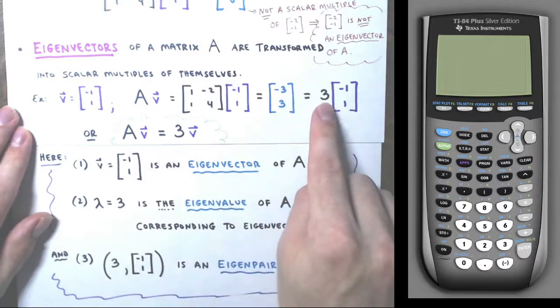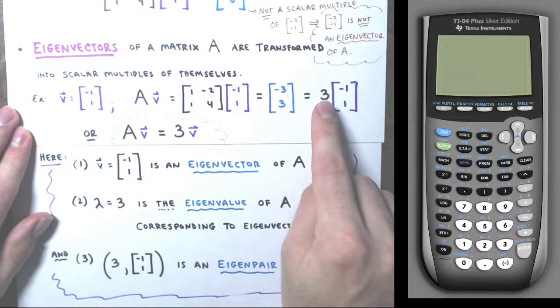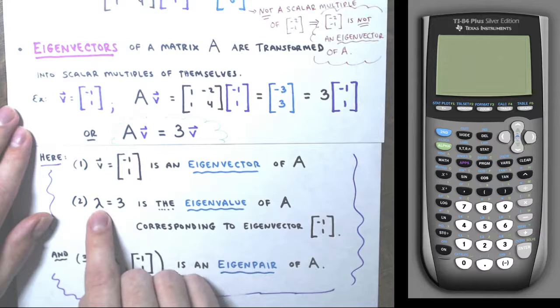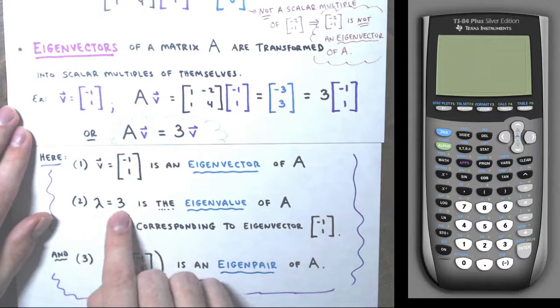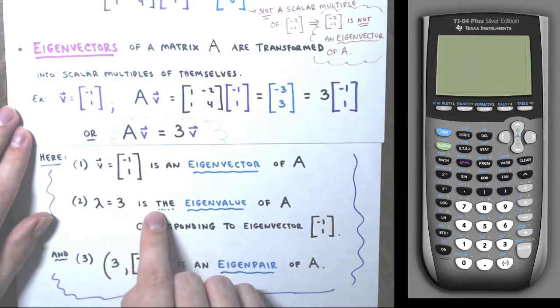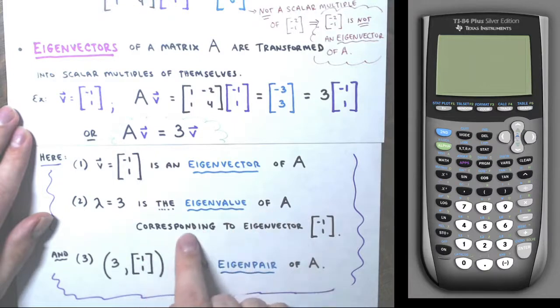And then that scalar that multiplies the input vector, the scalar was 3. That's our lambda in this case, right? So lambda equals 3, they would say, is the eigenvalue of A corresponding to eigenvector -1, 1.